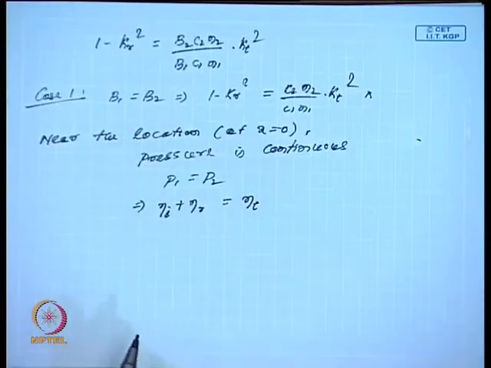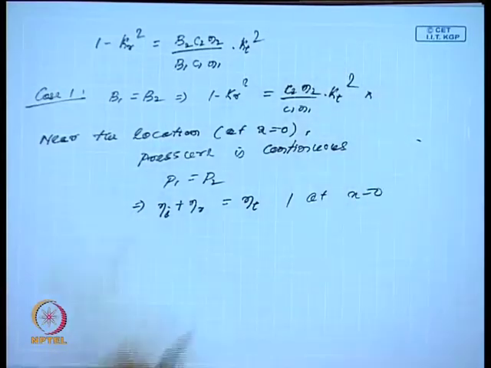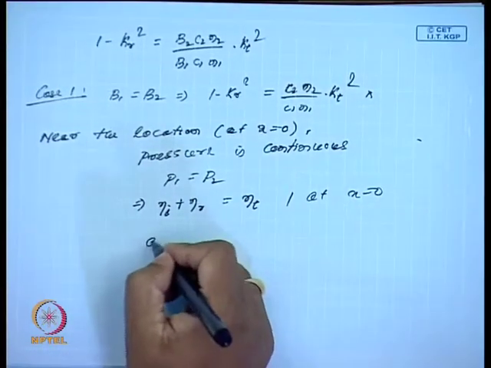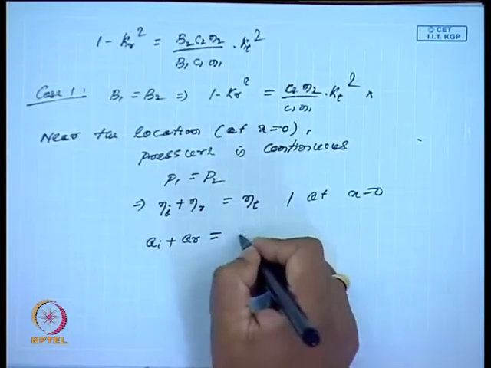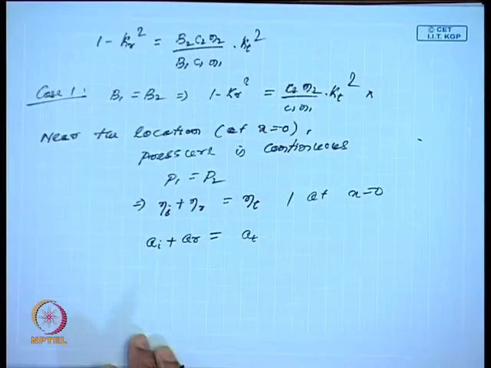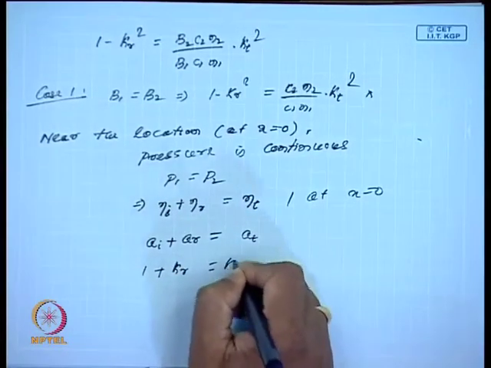So that will give me eta_I plus eta_R. If I look at the amplitude of this at x equal to 0, that gives me A_I plus A_R is A_T, which means 1 plus K_R is K_T.